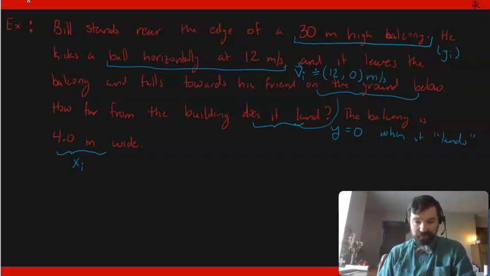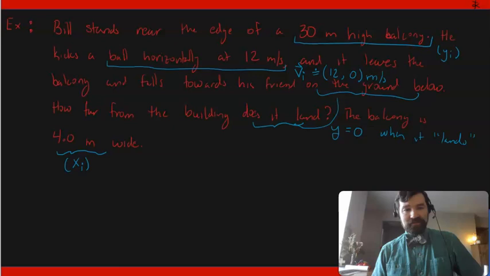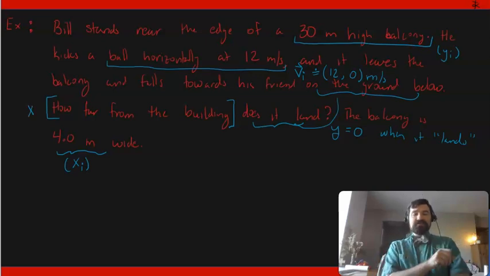If the building's at 0 meters for x, then this is starting off at 4 meters in the x direction. So you have an x initial, you have a y initial, you have a v initial. You have to figure out how far from the building it lands. So this term right here, the thing that we're trying to solve for, is your x final. So how do we go about solving these equations?